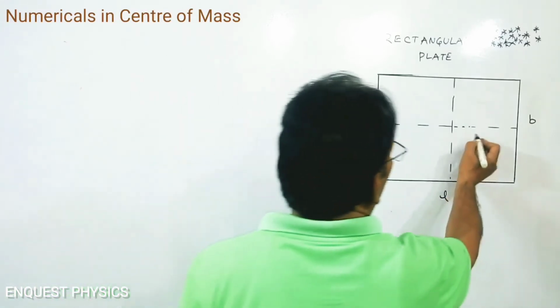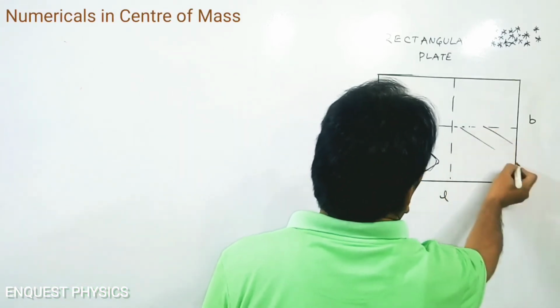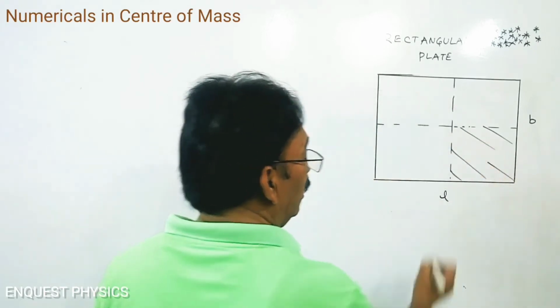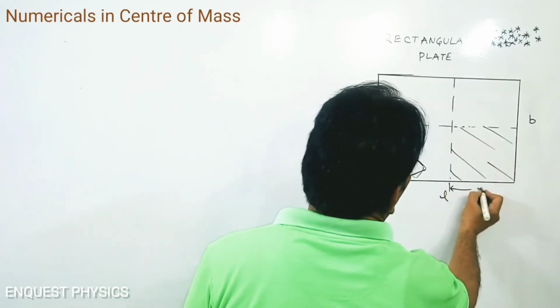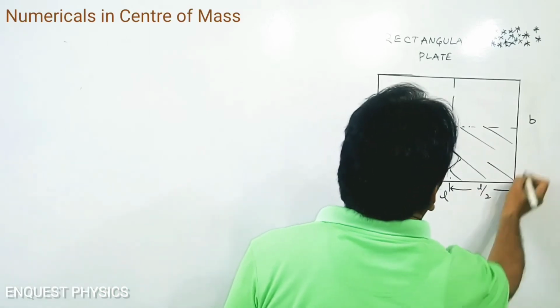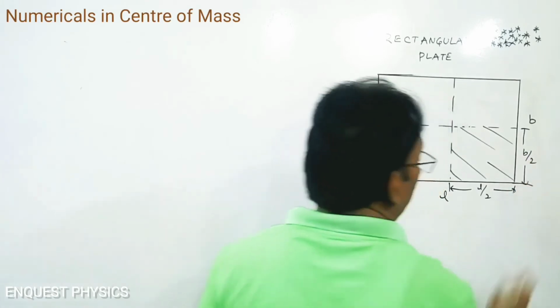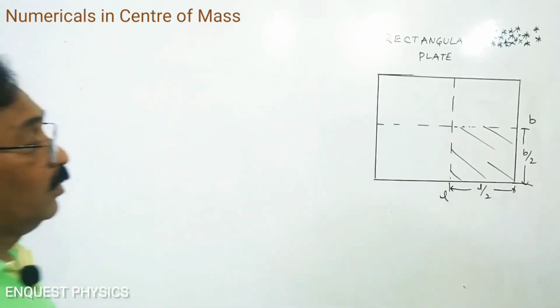And from this portion is removed, students. Okay, this is removed, which has the length which is equal to L by 2 and B by 2. Okay students, we are writing with respect to L and B now.